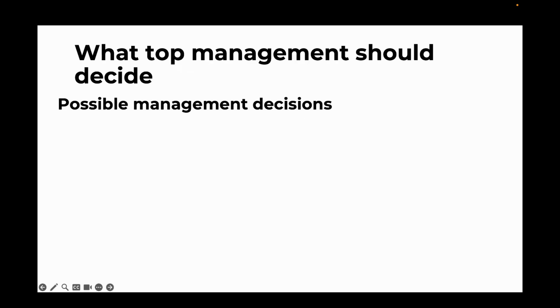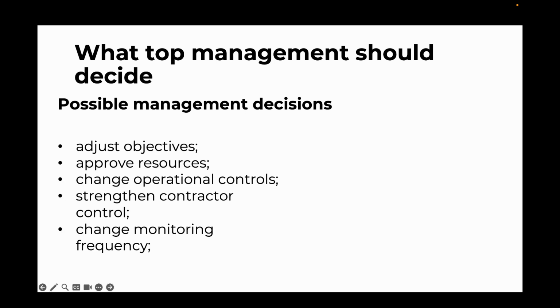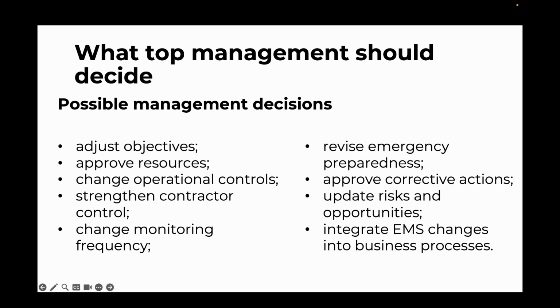Top management decisions should be visible. For BlueRiver, possible decisions may include adjusting objectives, approving resources, changing operational controls, strengthening contractor control, changing monitoring frequency, revising emergency preparedness, approving corrective actions, updating risks and opportunities, or integrating EMS changes into business processes.